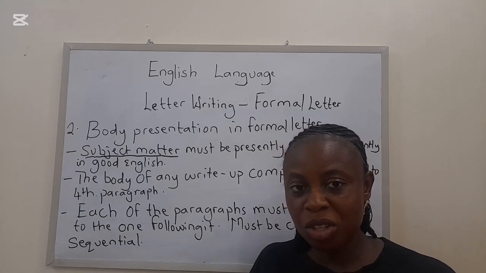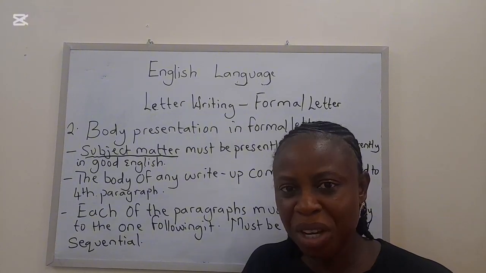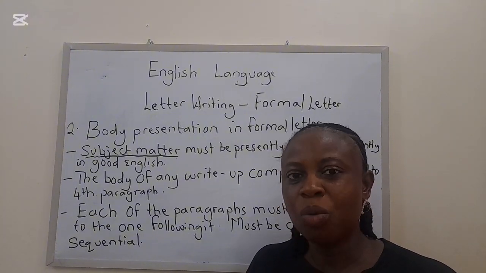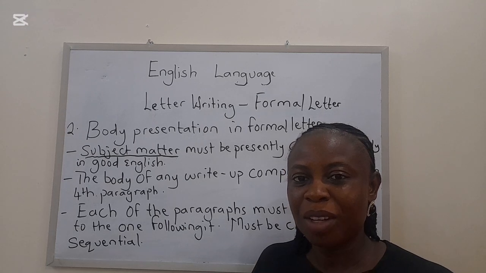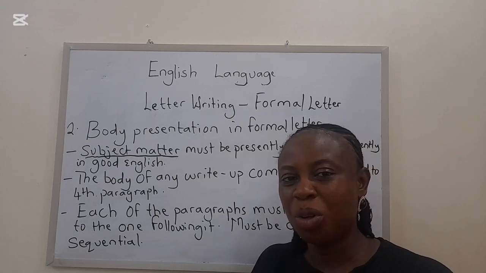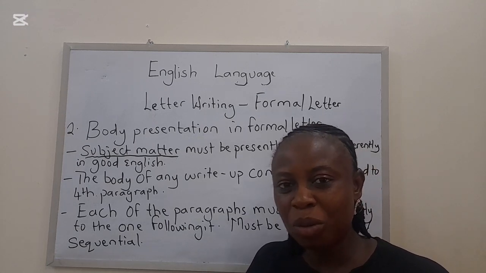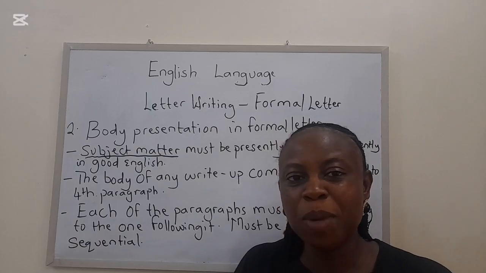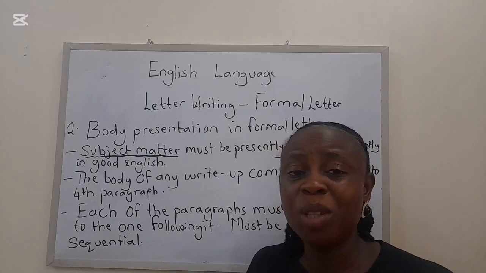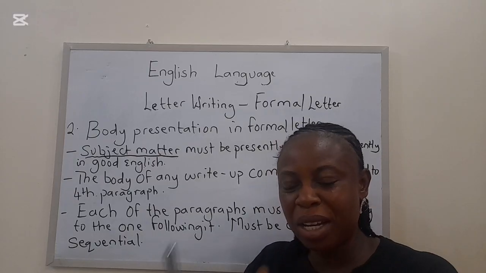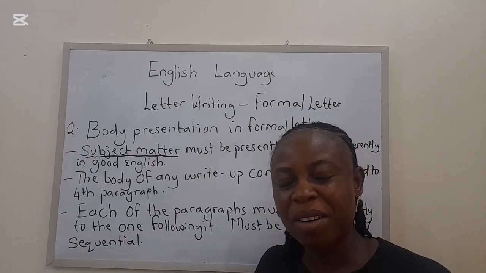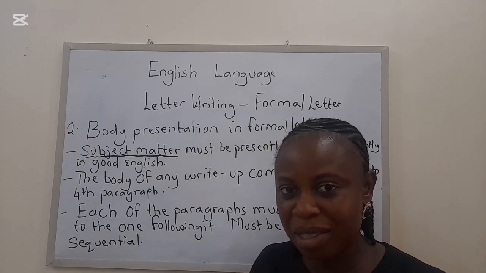Usually the question might tell you to discuss 3 infrastructure that you want your local government chairman to provide. So you have to explain those 3 areas. You don't explain one and leave. You have to thoroughly explain these points paragraph by paragraph.